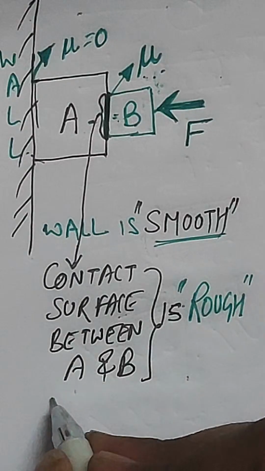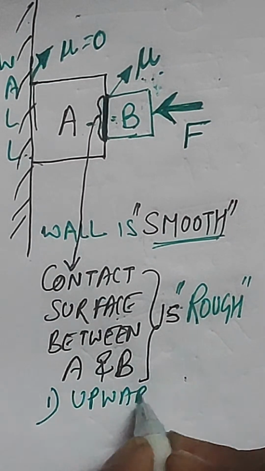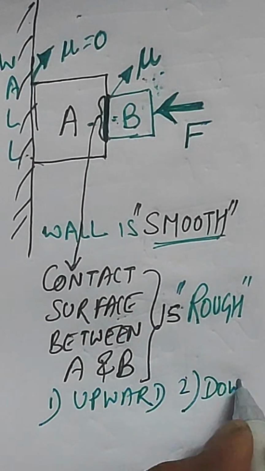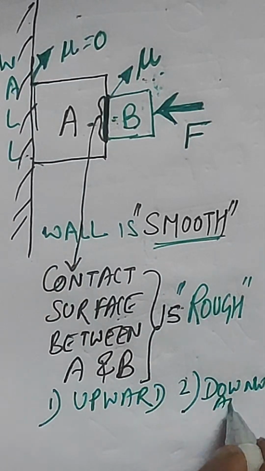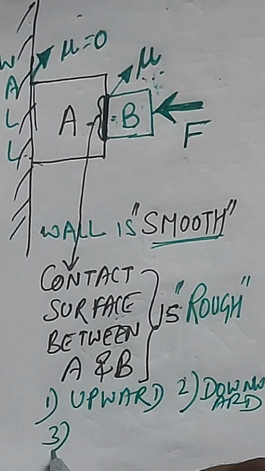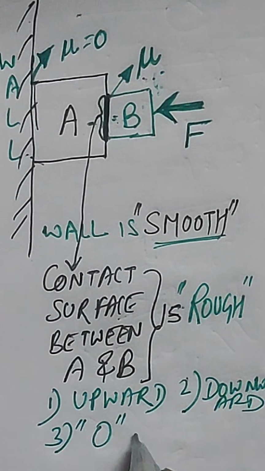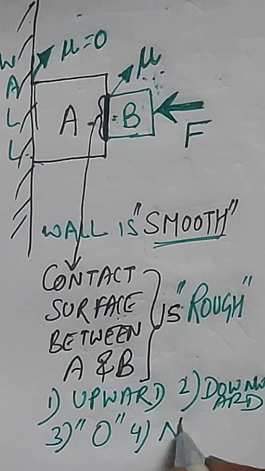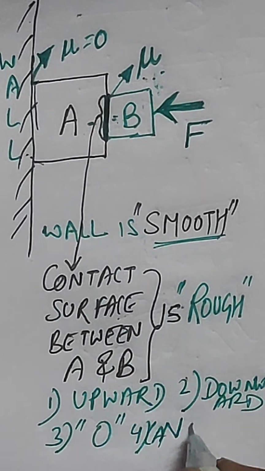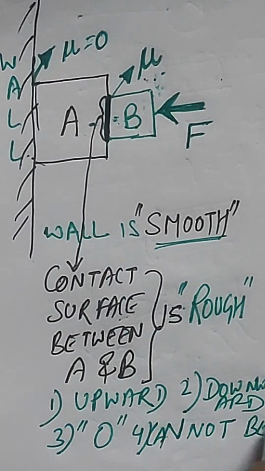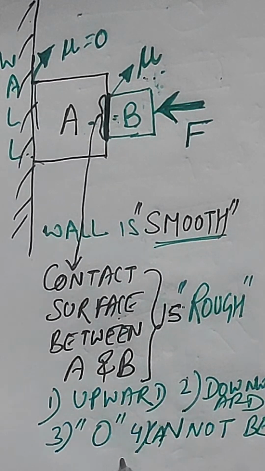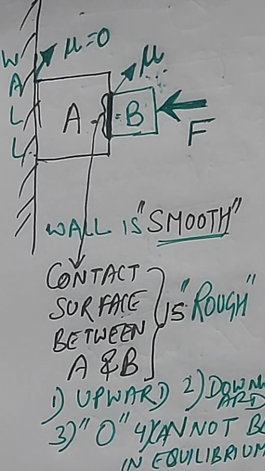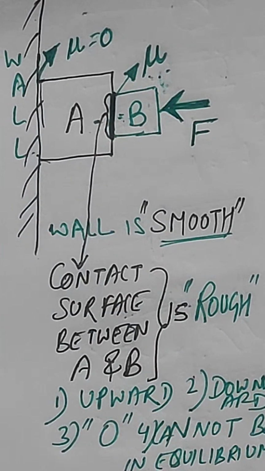Is it upward, or downward, or 0, or the system cannot be in equilibrium? So this is the question, right? So how to solve this, let us see.